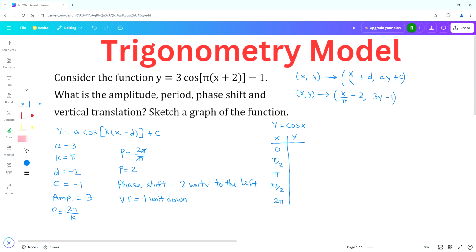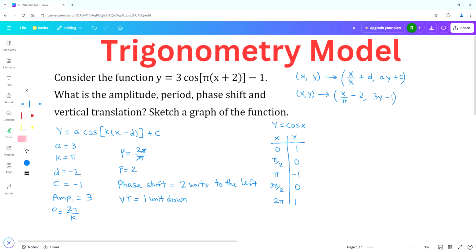For x equals 0, cos x is equal to 1. For x equals pi over 2, cos x is equal to 0. For x equals pi, cos x is equal to negative 1. For x equals 3 pi over 2, cos x is equal to 0. For x equals 2 pi, cos x is equal to 1.